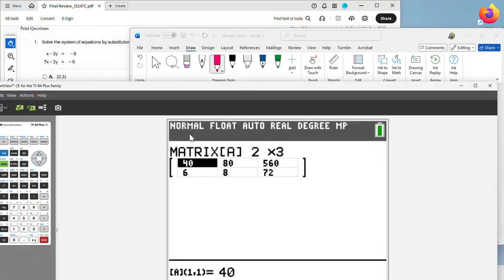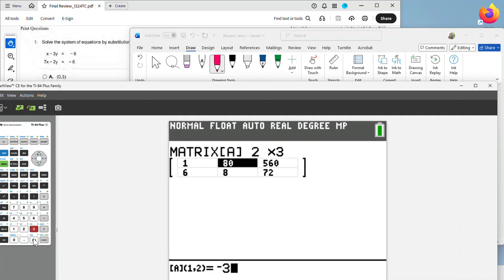So this one is 1, right? So we have a 1, -3, okay, negative, need to use the parentheses, -3, okay, and -9. All right, and then I have a 7, -2, and -6.